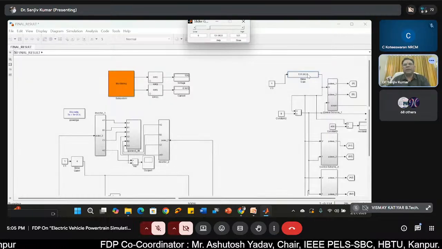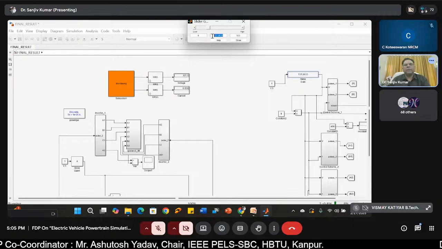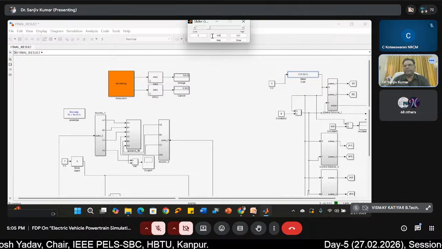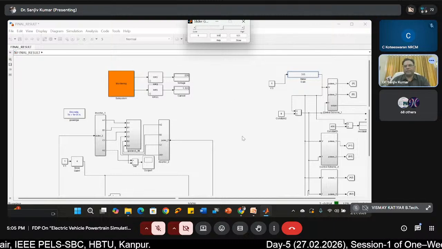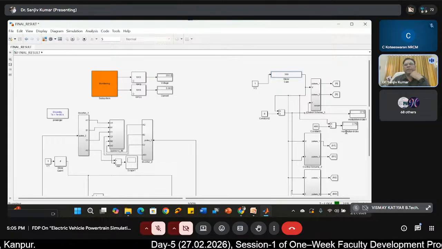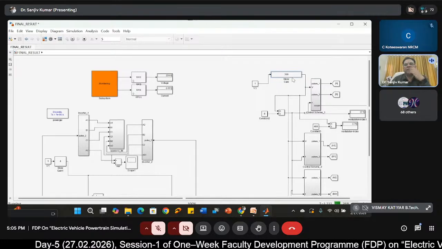300. Once I give the voltage 300, modulation index is 0.75 and frequency is 37.5.